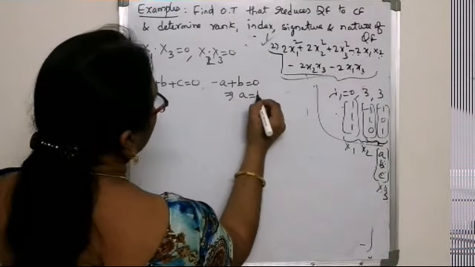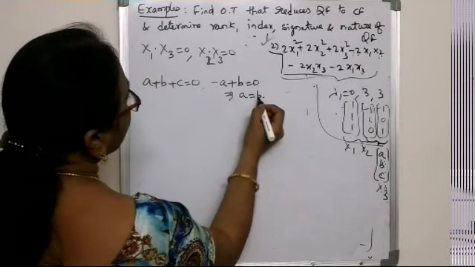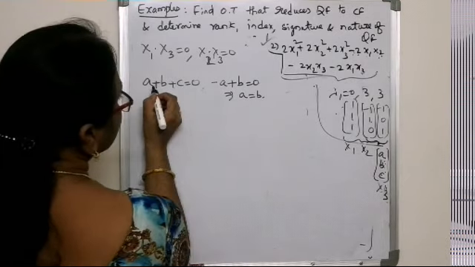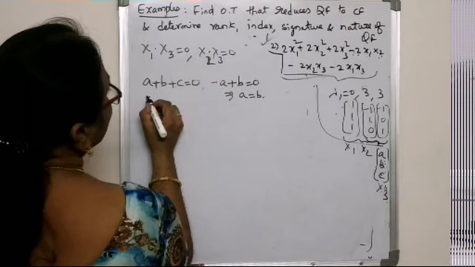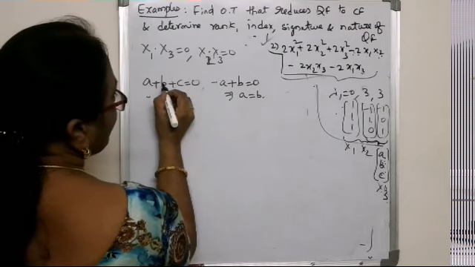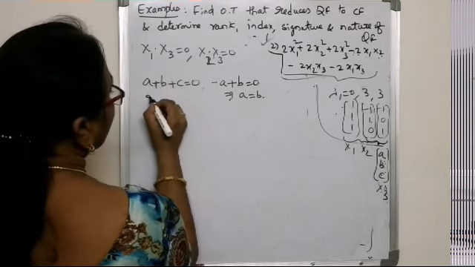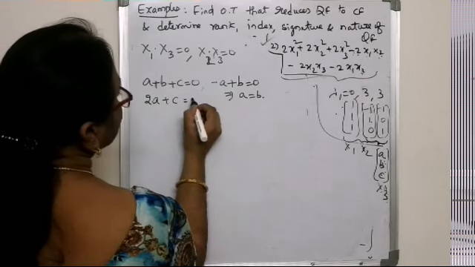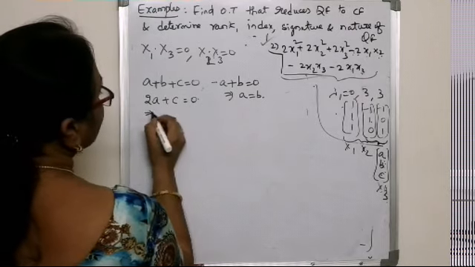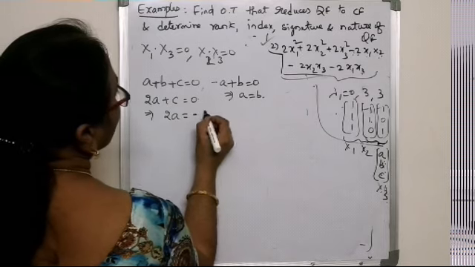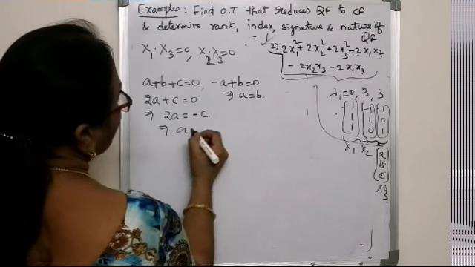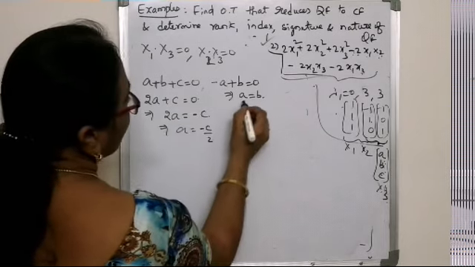From the second equation, we write a is equal to b. When we have a equal to b, from the first equation we can write 2 into a plus c equal to 0, which gives us 2a is equal to -c, or a is equal to -c by 2.